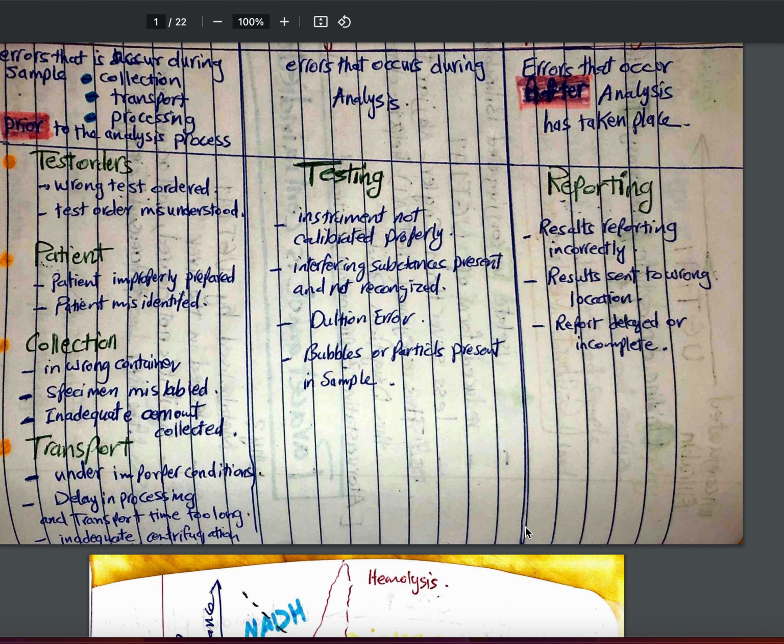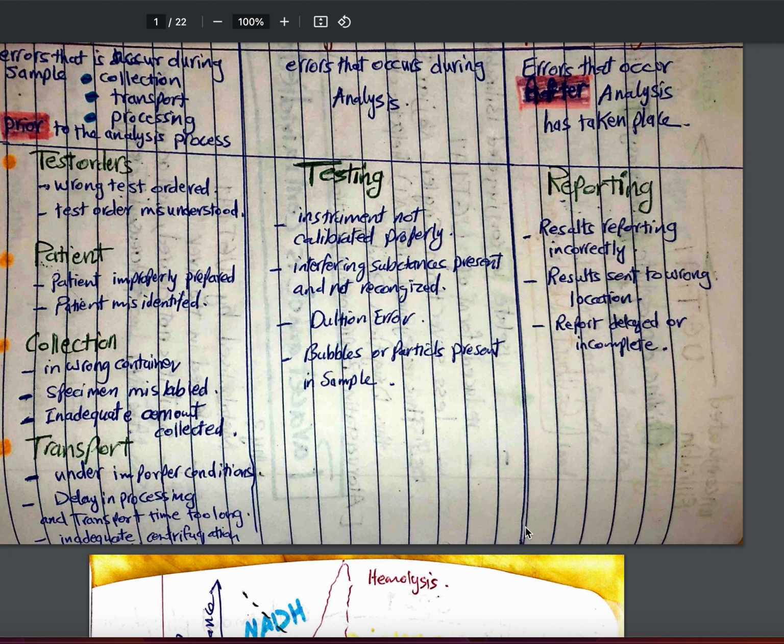If it is related to the patient, the patient may be improperly prepared or misidentified. For example, if we want fasting patients for measuring their glucose level, and the patient comes just after eating breakfast, that means the patient is improperly prepared. The patient may also be misidentified.